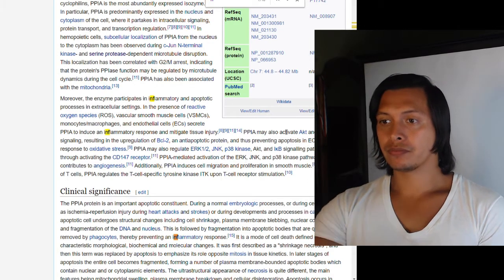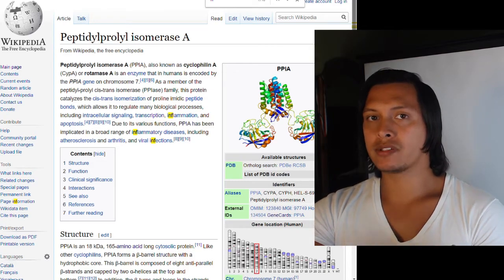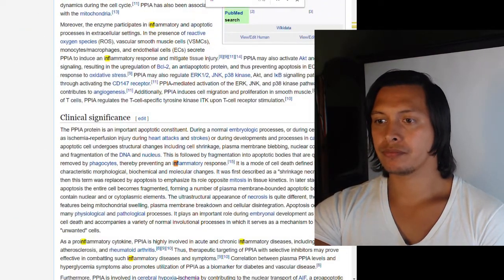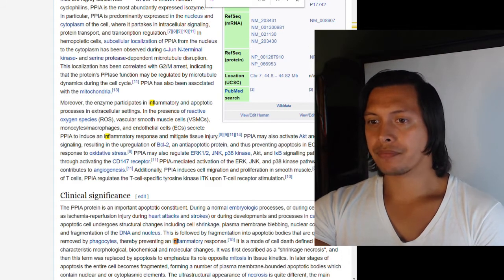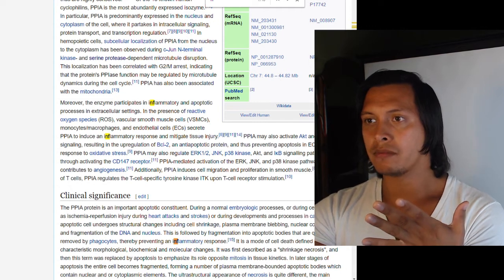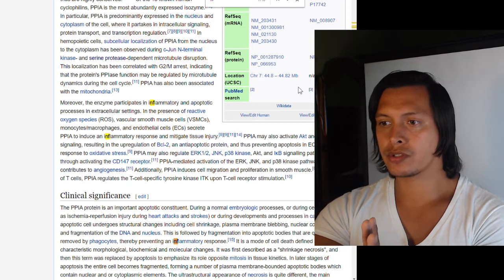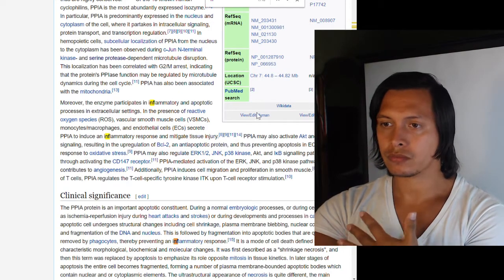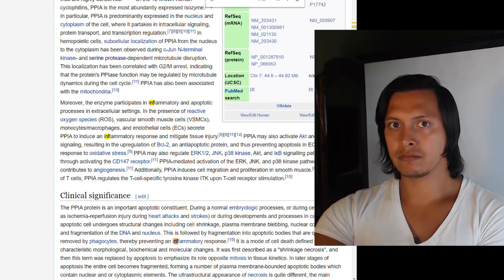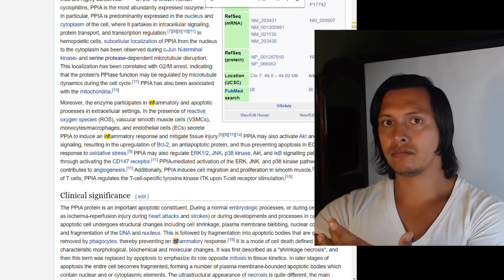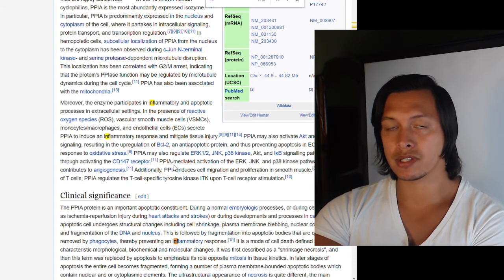Now, let's say I'm a virus. I'm just trying to get my thoughts straight right now. So when it comes to SARS-CoV-2, it seems to be working through this mechanism in some way.